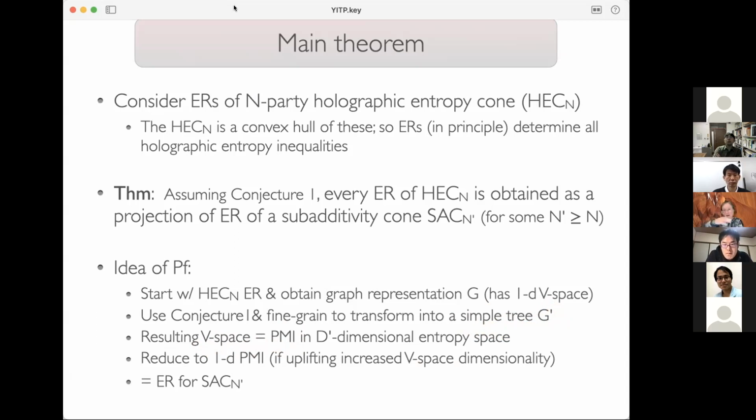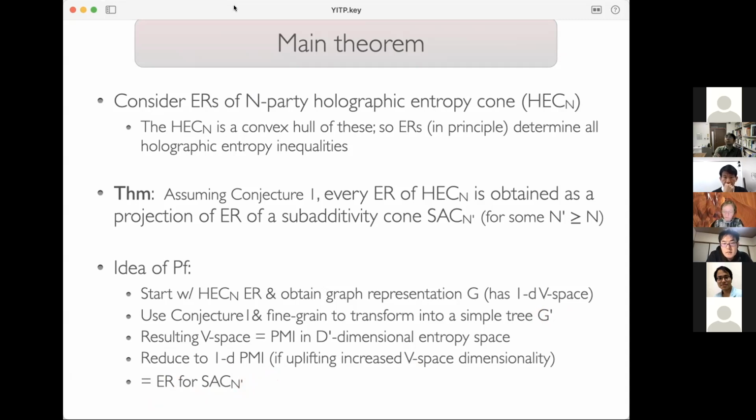This might now have enlarged the dimensionality of Vspace, but we can maintain the same extreme ray in such a way that we get a one-dimensional Vspace and therefore one-dimensional PMI in this higher dimensional entropy space. But PMI being one-dimensional means that you have d prime minus 1 different mutual informations that vanish, meaning this is an extreme ray of the subadditivity cone. And so that's an object that we can define without knowing anything about holography.